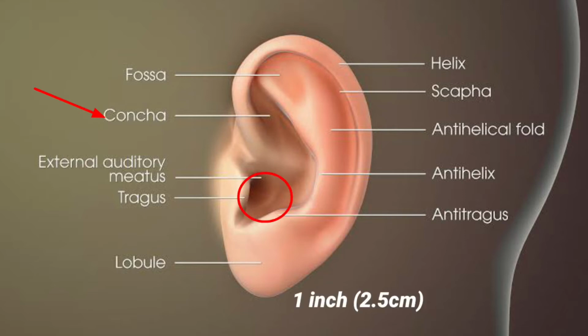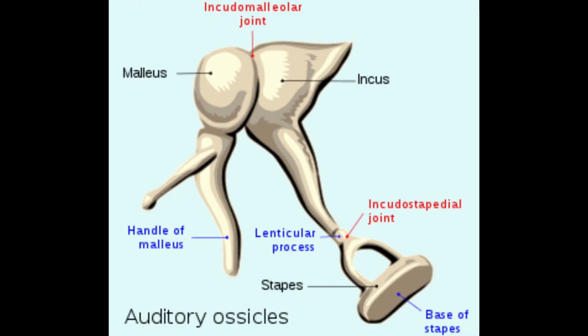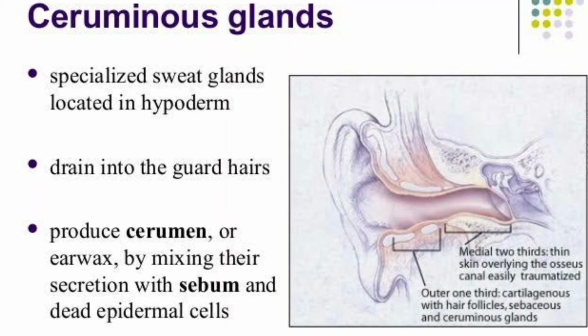The ear canal stretches for about 1 inch, or we can say 2.5 centimeters. The first part of the canal is surrounded by cartilage, while the second part near the eardrum is surrounded by bone. This bony part is known as the auditory bulla and is formed by the tympanic part of the temporal bone.